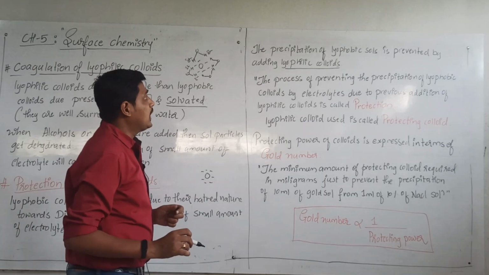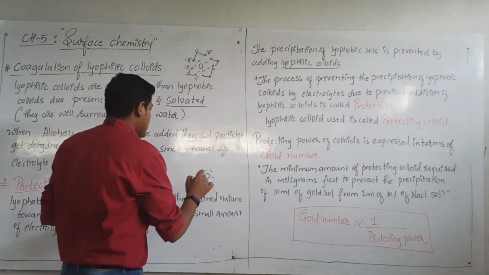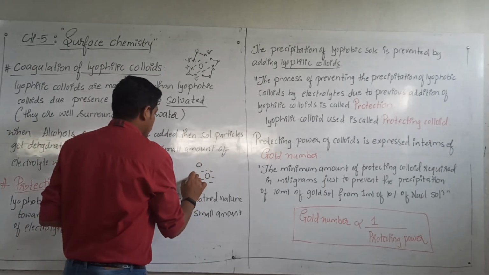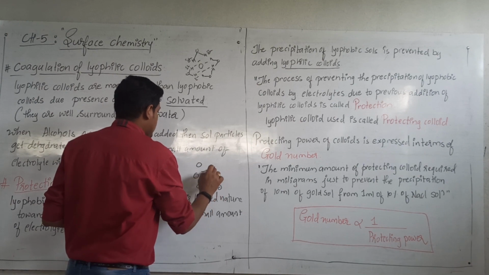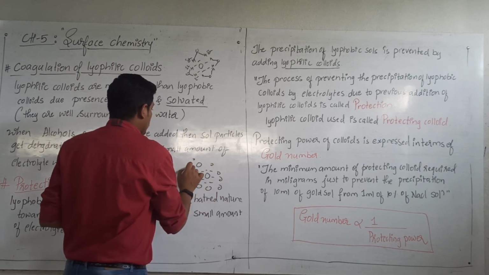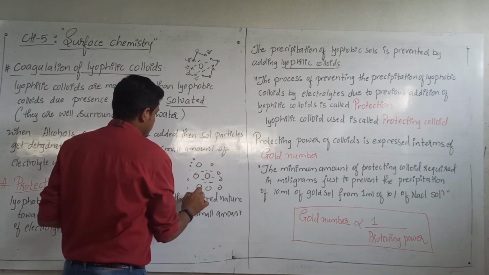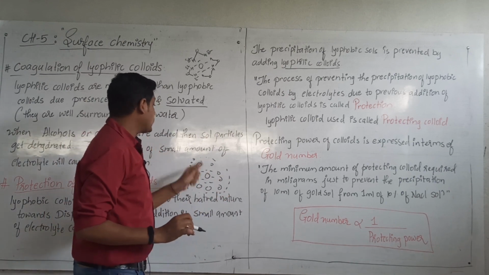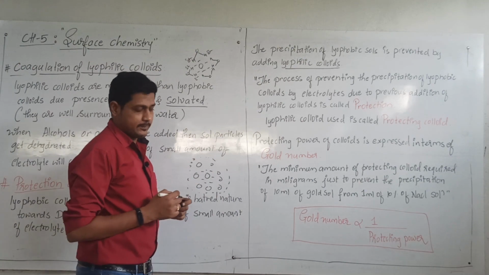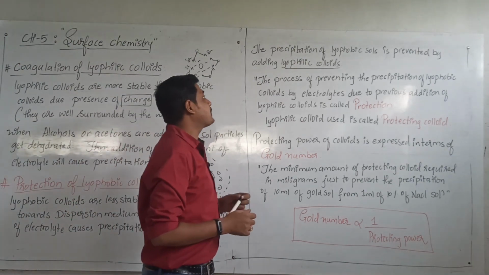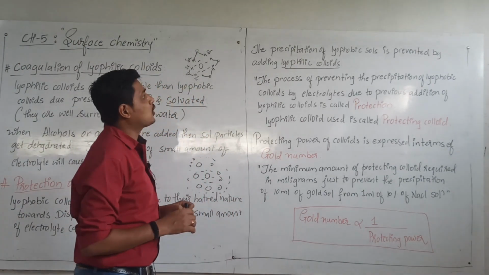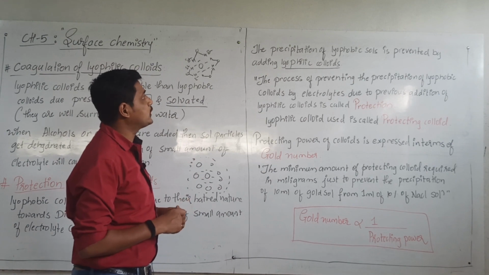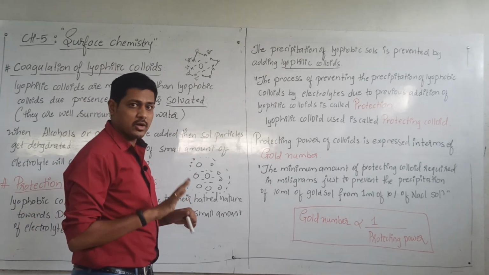And if you add lyophilic colloid onto this, the lyophilic colloid will surround this like this, and upon this again water molecules will surround these. So now your lyophobic colloids are protected. So the precipitation of lyophobic colloids is prevented by adding lyophilic colloids. I hope you are understanding this.